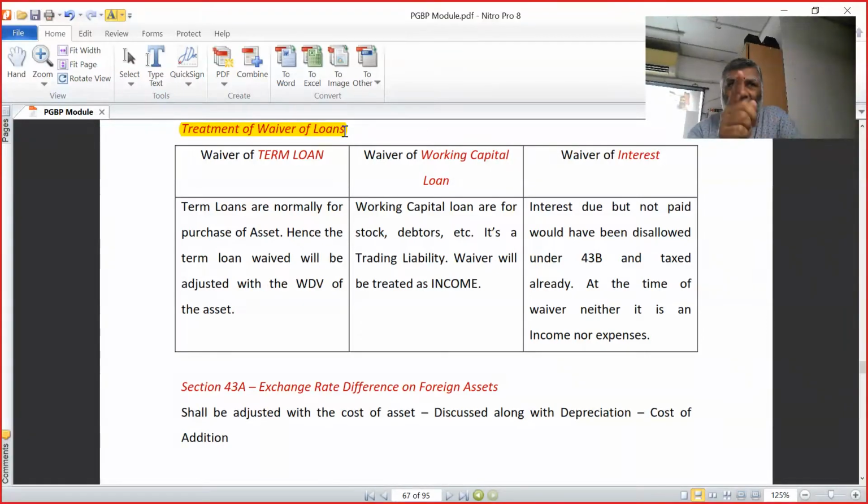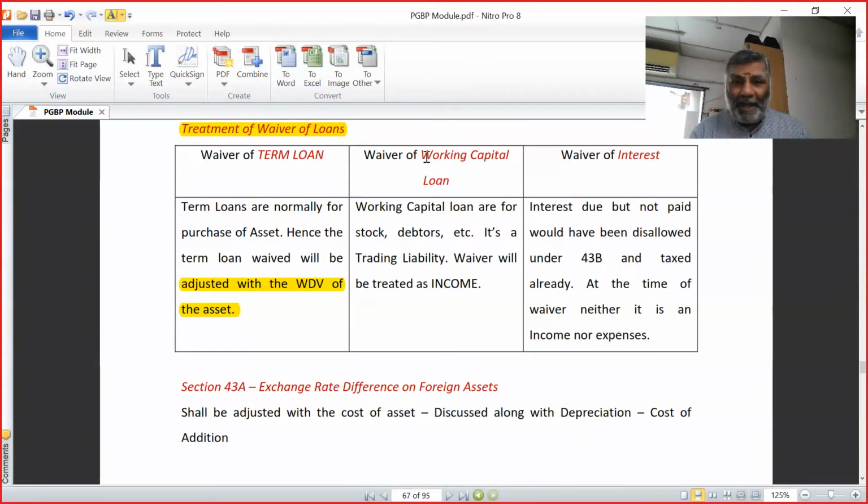Part of the asset is funded by an external person, so reduce it from the cost of the asset. Term loans are normally for purchase of assets. Hence, if there is a waiver of term loan, adjust it with the written down value of the asset.